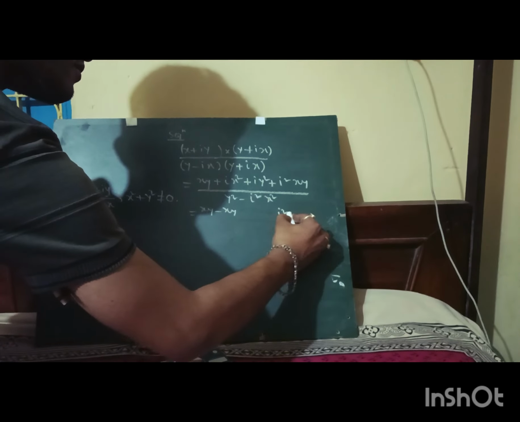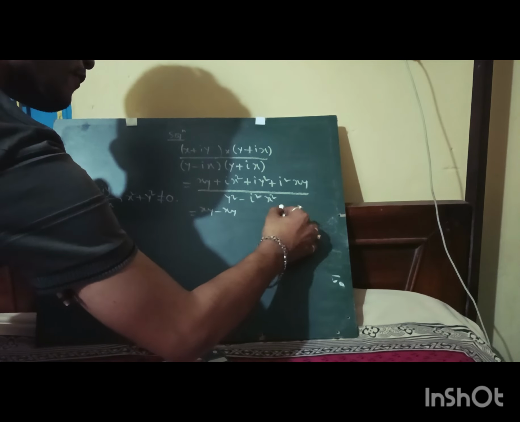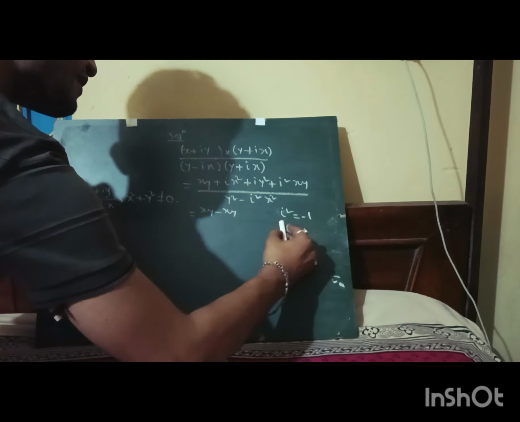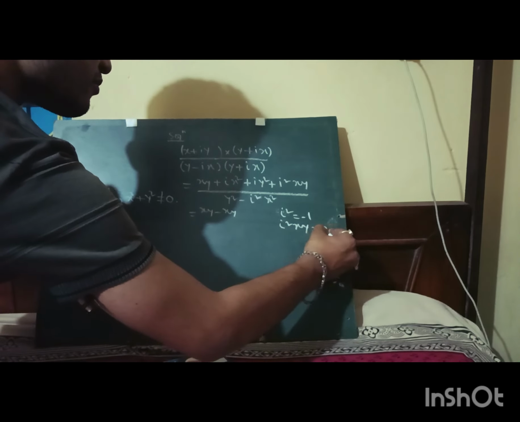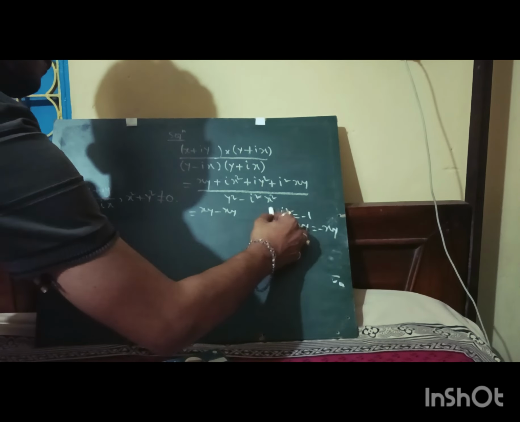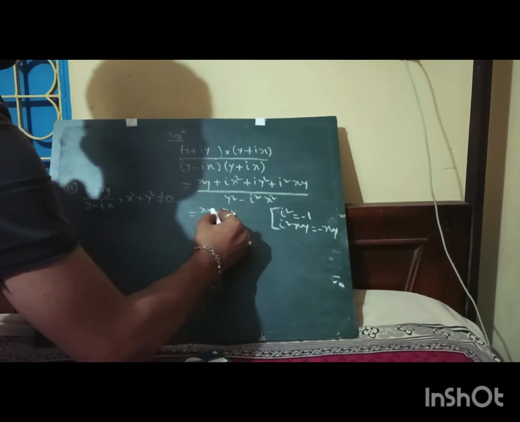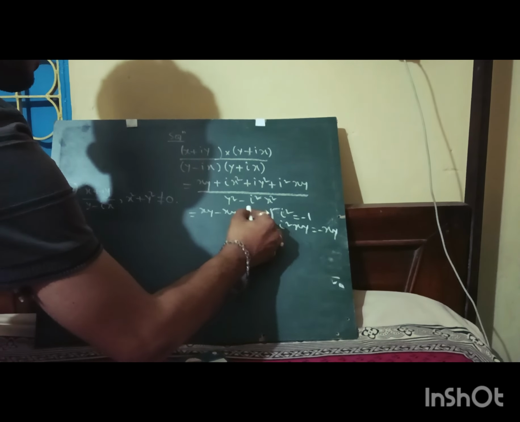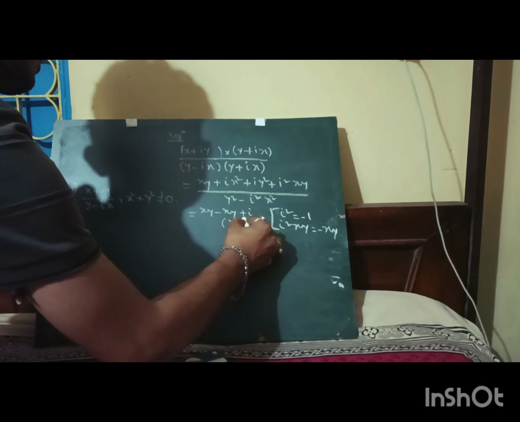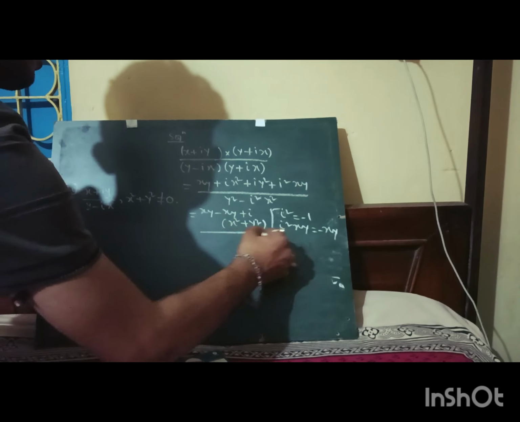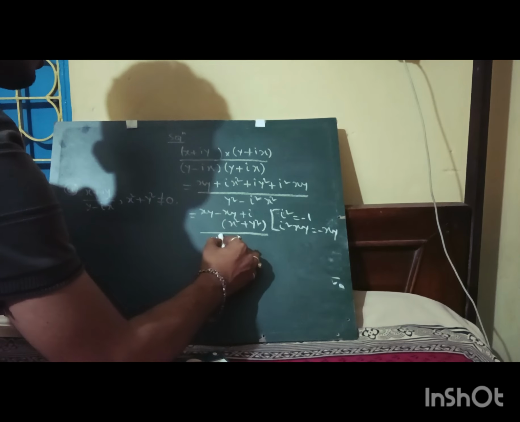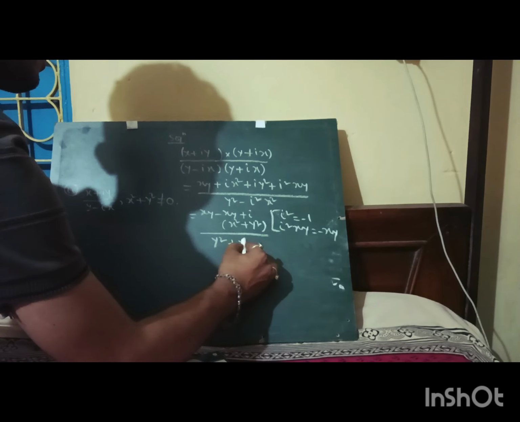That is xy, here i squared xy means xy minus xy. i squared means minus 1, that is i squared xy means minus xy. So xy minus xy plus i(x squared plus y squared). And the lower part, that is the new denominator, y squared plus x squared.